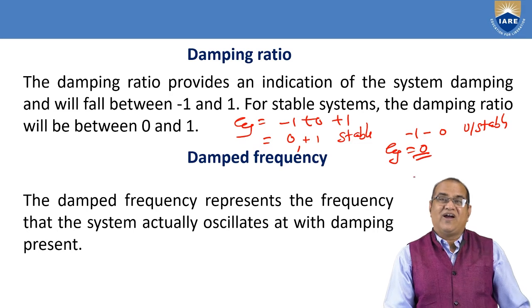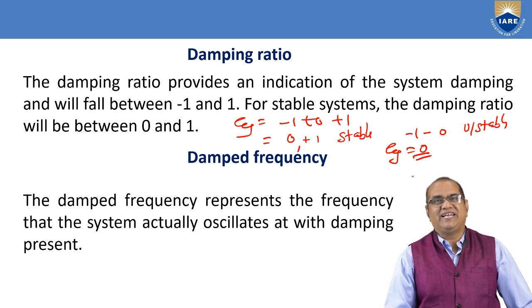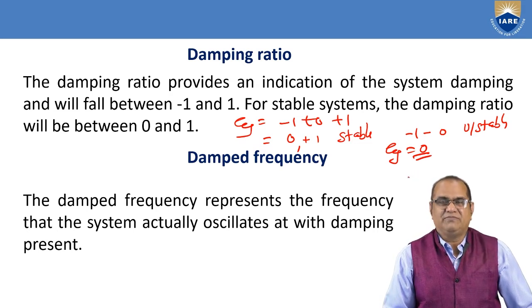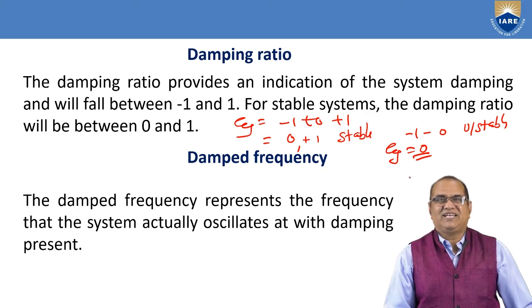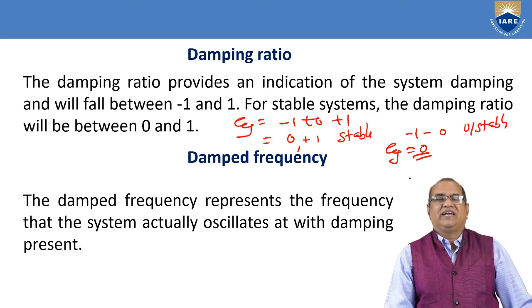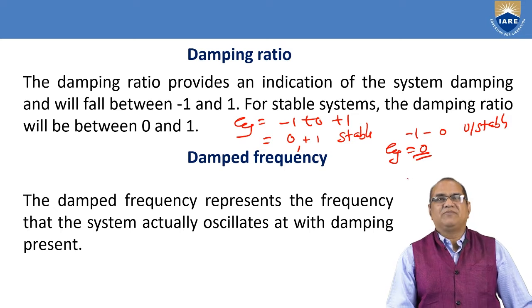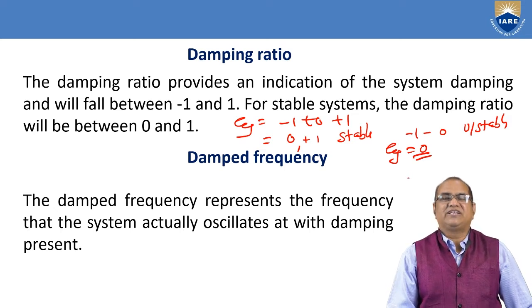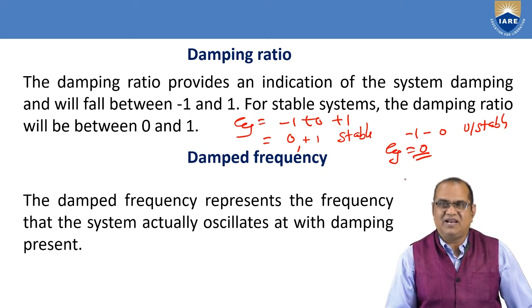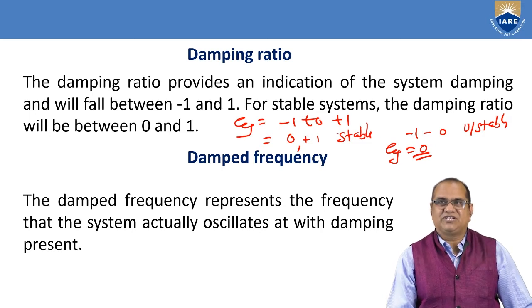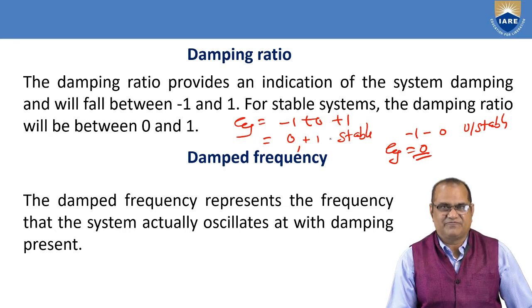By finding the damping ratio of any dynamically operated system, we can assess whether the aircraft is dynamically stable, dynamically unstable, or dynamically neutrally stable. If the damping ratio value is 0 to +1, the aircraft is dynamically stable.